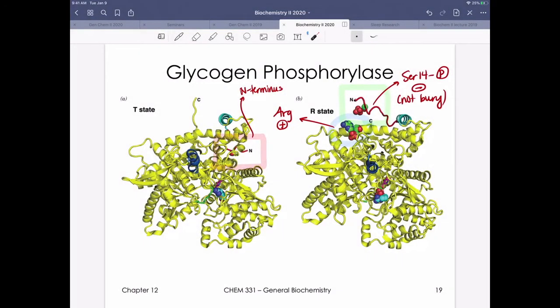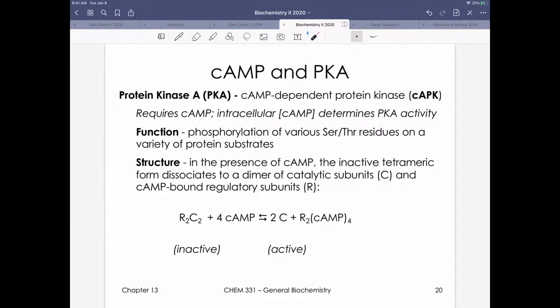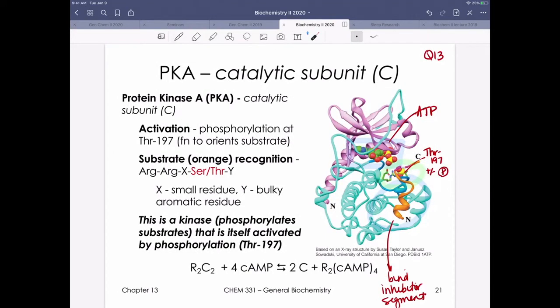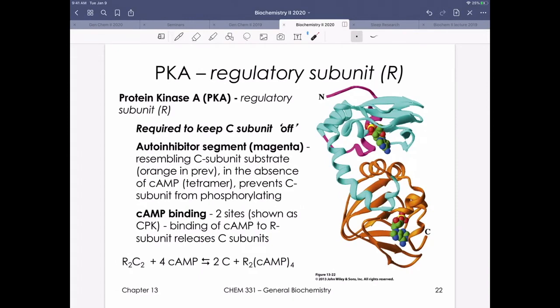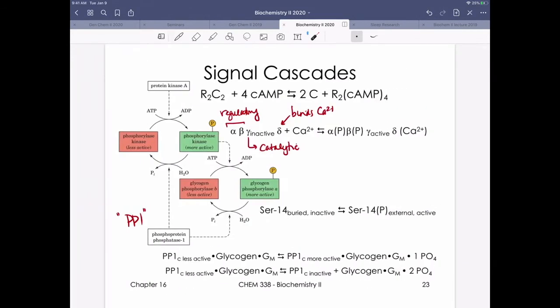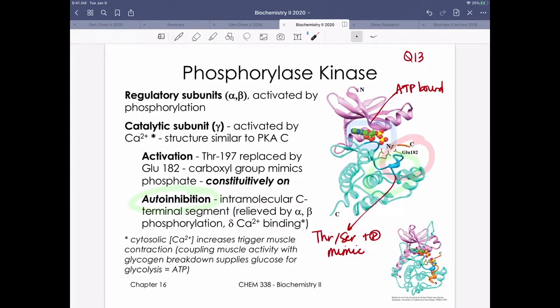Remember, this is for glycogen phosphorylase. This is for PKA, the catalytic subunit. This is for the regulatory subunit of PKA. And then we learned about phosphorylase kinase. I'm going to be referring back to these, but I'm not going to flip back to these figures.